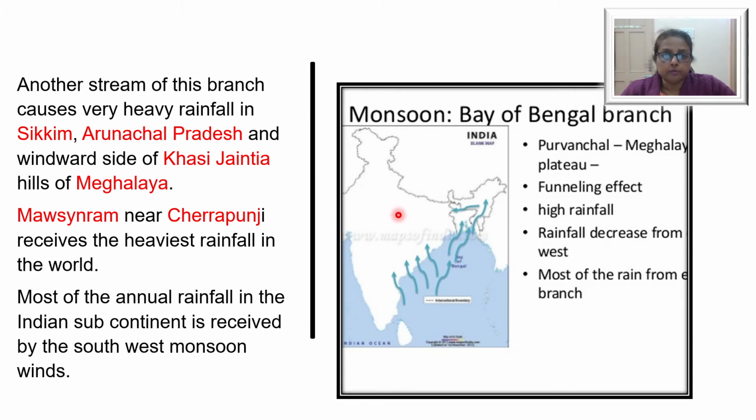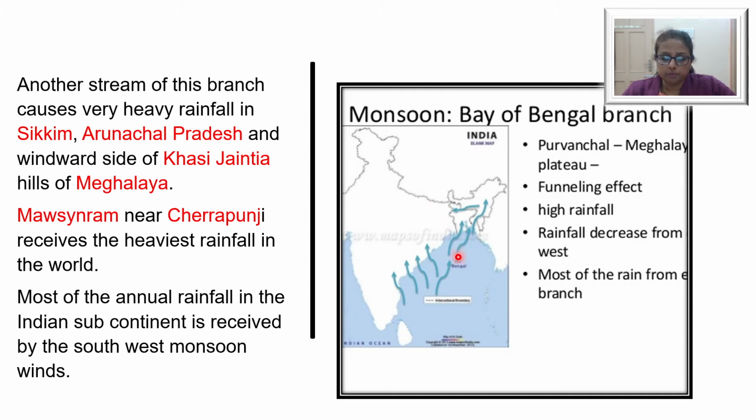These winds move in the Indo-Gangetic plain, running parallel to the Himalayas. The Himalayas are over here, and these winds run parallel. The presence of Himalayas also does not allow the winds to move across the mountains. So all the moisture is dropped in the Gangetic plain over here.